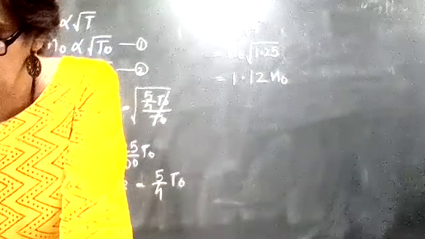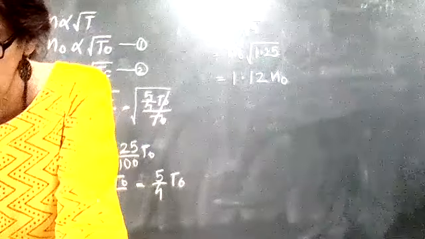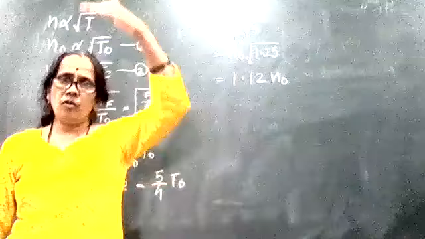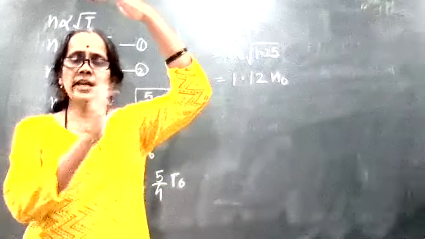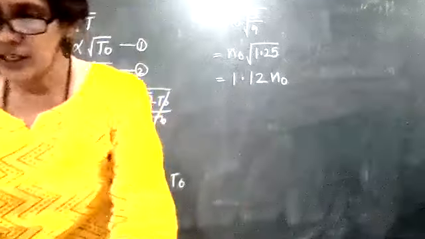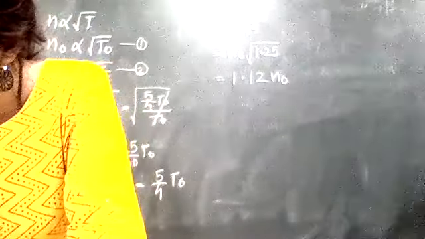Which of the following equations represents a wave traveling along the y-axis? Now, when the wave is traveling along the y-axis, there is a vibration. Displacement is along the x-axis.